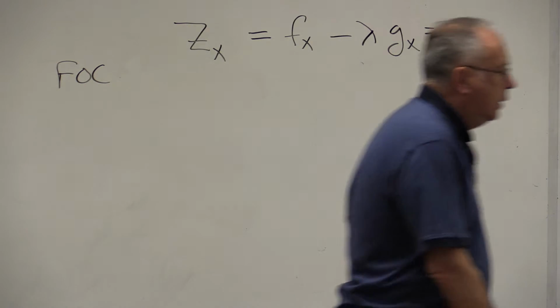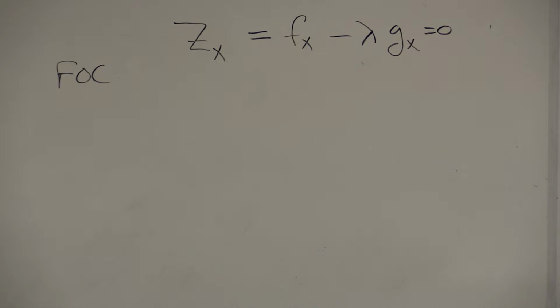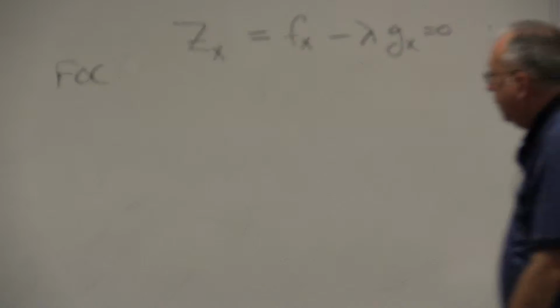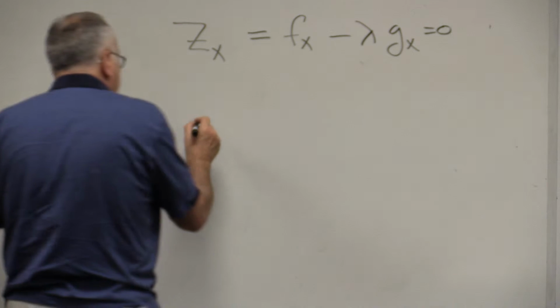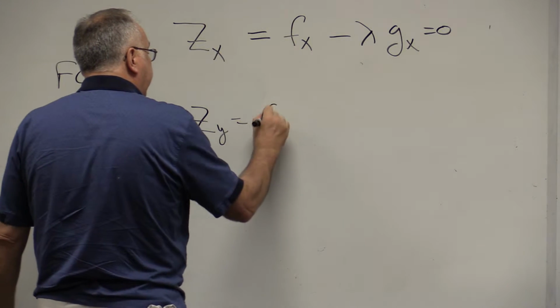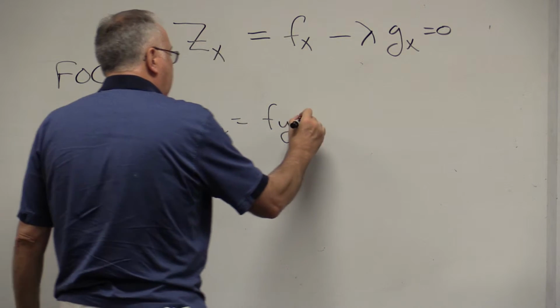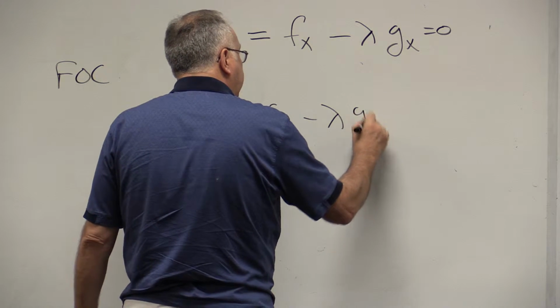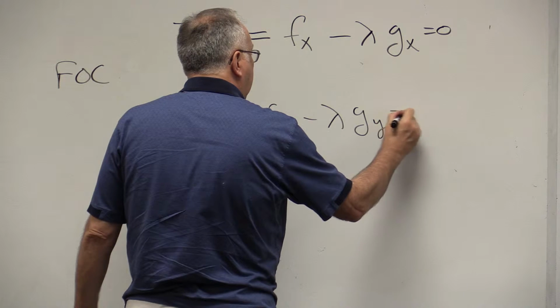When you differentiate z with respect to x, you get partial f partial x minus lambda times partial g partial x. And then you take the derivative of z with respect to y, and you get f sub y minus lambda g sub y equals 0.